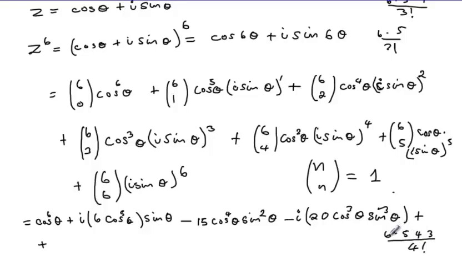So 6 times 4 is 24, and they make 1 there. All together. Then you get what? 15. So you've got 15 there. We don't have an i. What do we have there? You've got cosine power 2 and sine power 4.